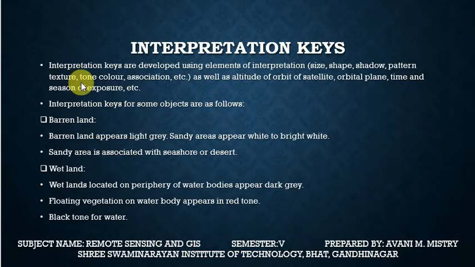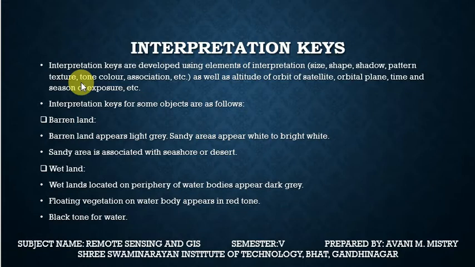Interpretation keys. What do you understand by interpretation keys? The interpretation keys are developed using the elements of interpretation, that is shape, size, shadow, pattern, texture, tone, color, association, etc., as well as the altitude of the orbit of the satellite, orbital plane, time and season of the exposure.